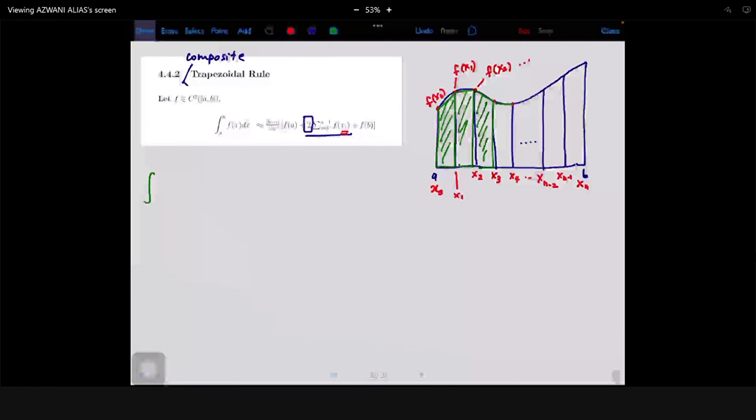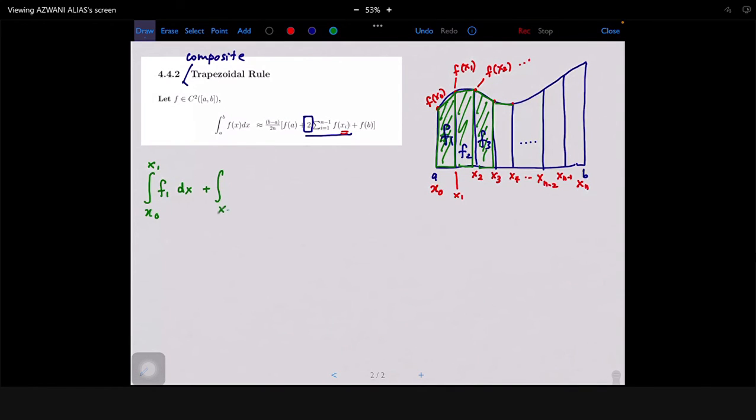So let's say the first subinterval daripada x0 kepada x1. Okay. Let's say saya tulis the function here adalah f1, f2, f3 and so on. So, pada function f1, dx, okay, plus the piecewise function kan.